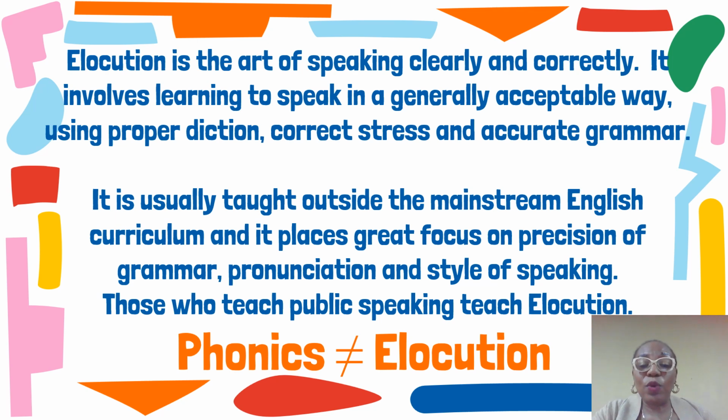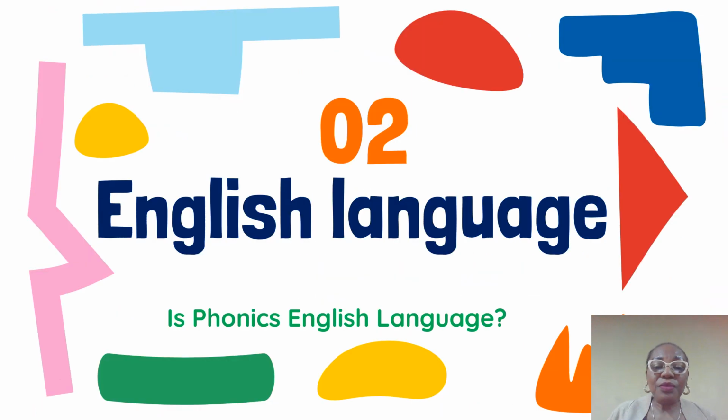So people who teach public speaking also teach elocution. It is usually taught outside the mainstream English curriculum, and it places great emphasis on precision, on grammar, and pronunciation, on style of speaking, and all that. So phonics is not elocution, basically.